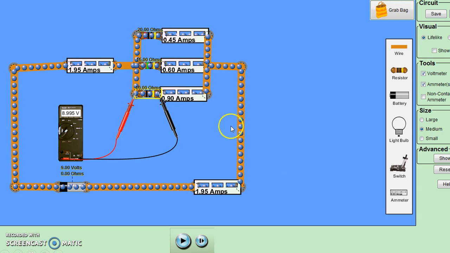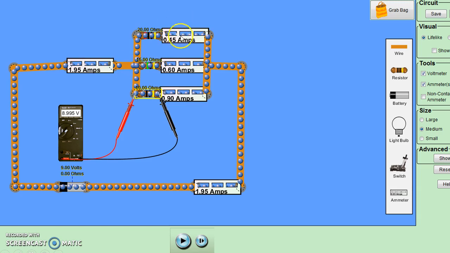Okay, so what I did is I set up a circuit, and you can see 3 different resistors, 20, 15, 10, and really, if you've got power and nothing else to do during the snow day, I think this is a pretty cool exercise to play around with. So the deal is 9-volt battery, and all the current comes out, and it's a total of 1.95 amps.